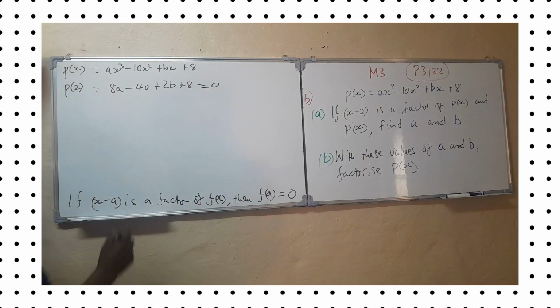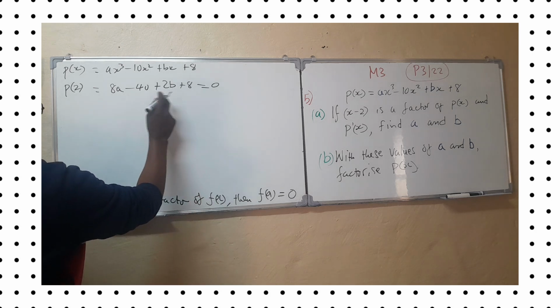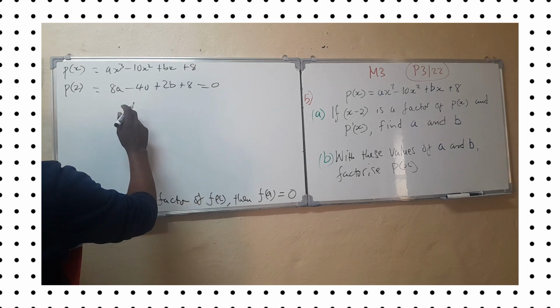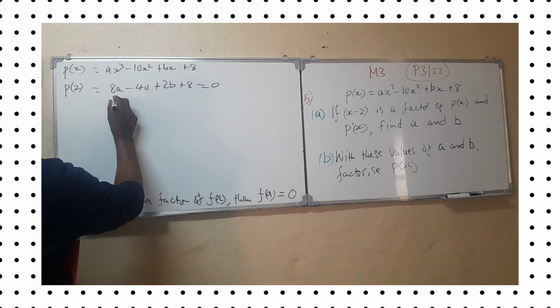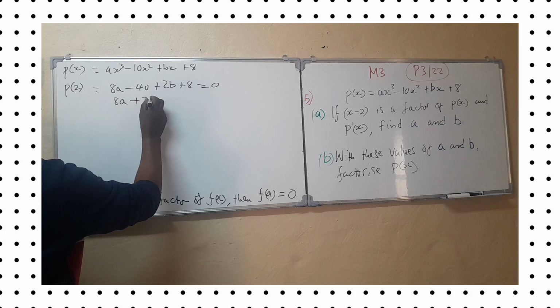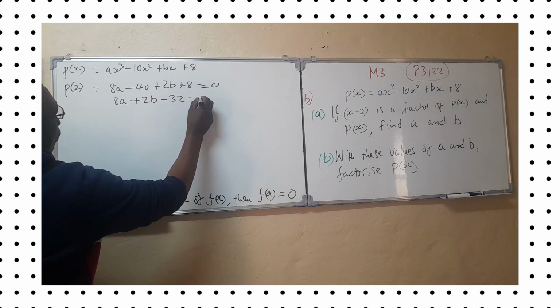From that, let's simplify. We've got here minus 40 plus 8, which is, no, minus 32. So we have 8a plus 2b minus 32 is equal to 0.